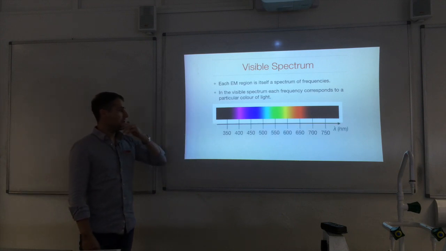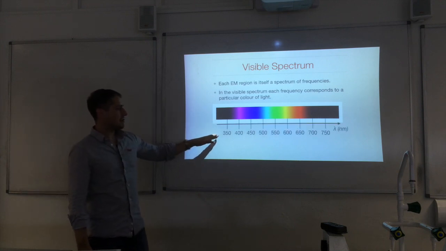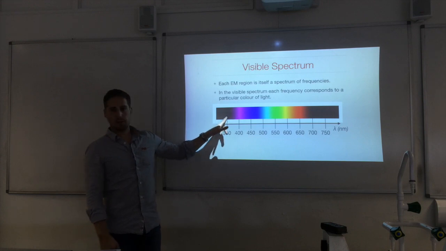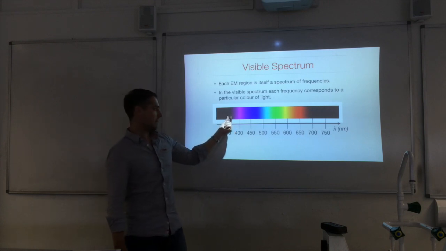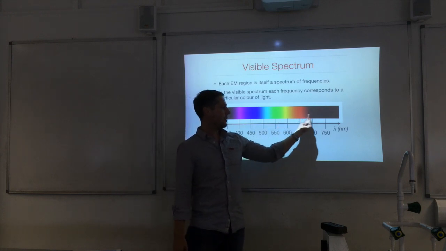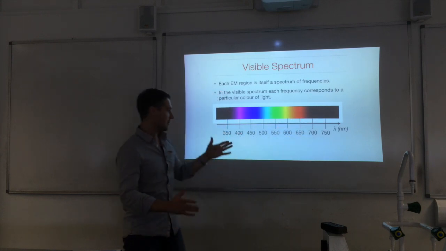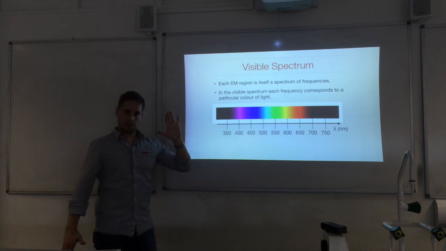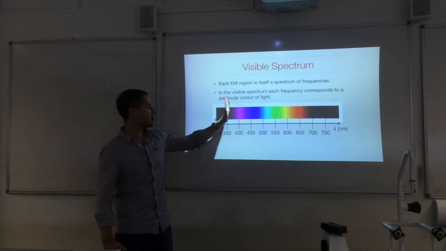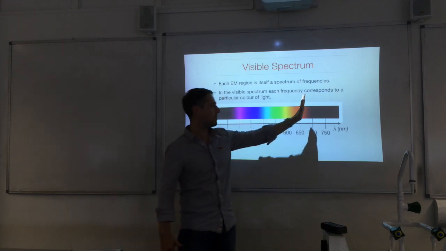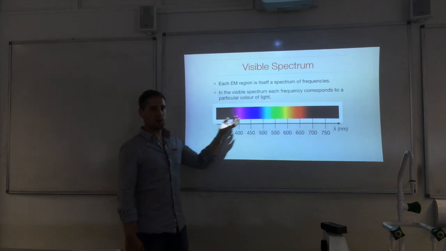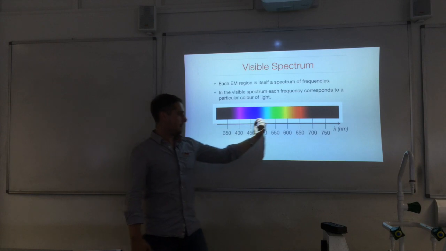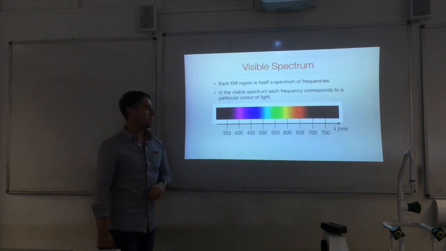So here's the spectrum, and the range, you can see there's a fuzzy line at the violet end, which is the short wavelength end, and there's a fuzzy line at the red end as well. So the end is not clear cut, it's not distinct, it's not like a sharp end to visible light at the short end and the long end. The visible spectrum blends into the UV and blends into the infrared region.